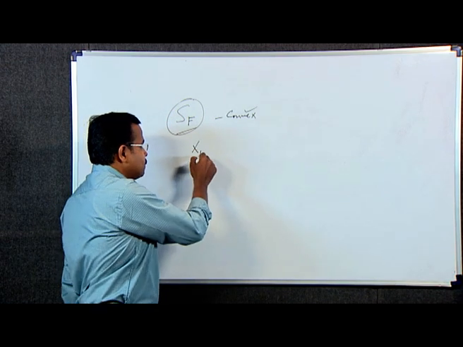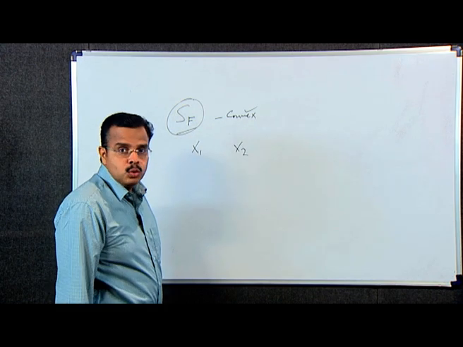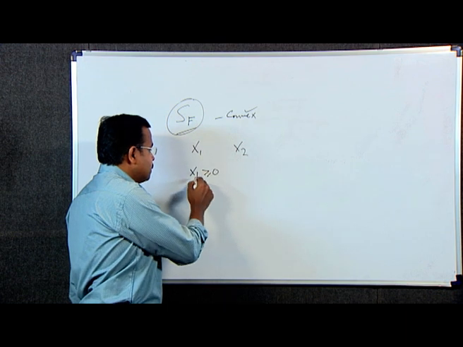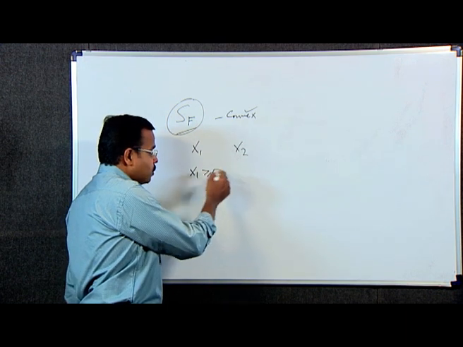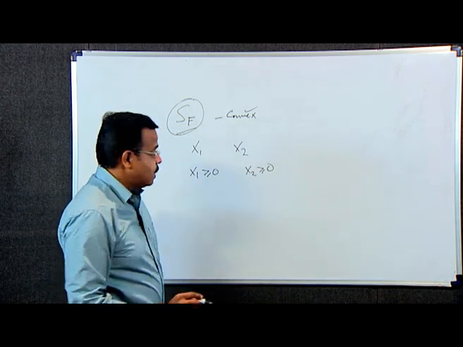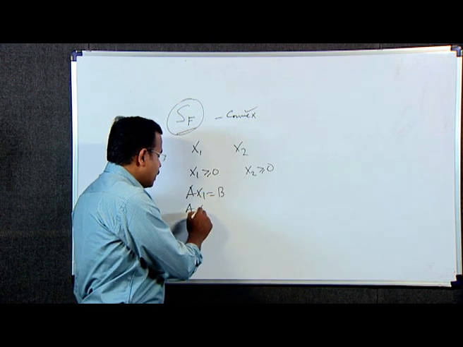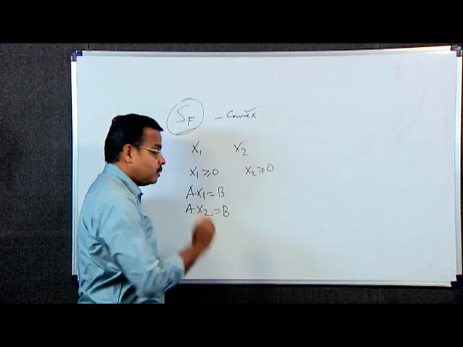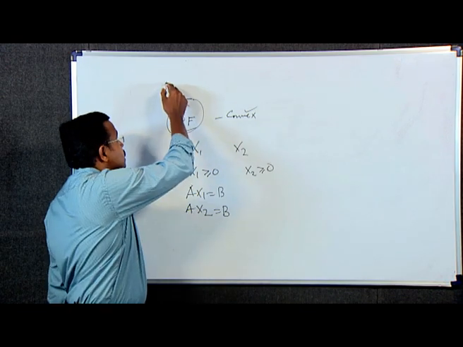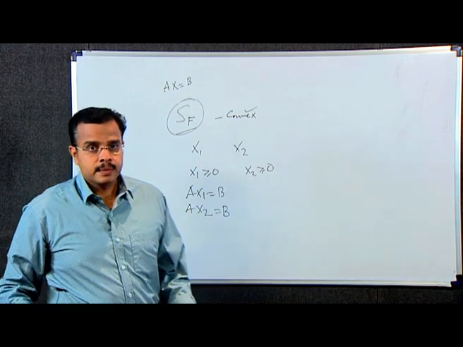Let x1 and x2 be two feasible solutions. Then x1 is greater than or equal to 0 for all components, x2 is greater than or equal to 0, and Ax1 equals b and Ax2 equals b, since x1 and x2 are solutions of the LPP with the constraint Ax equals b.